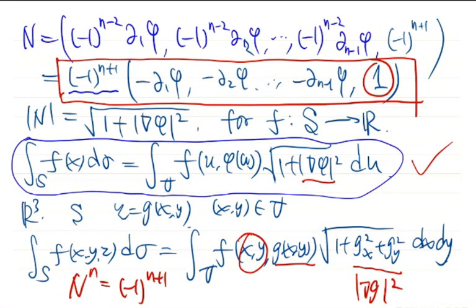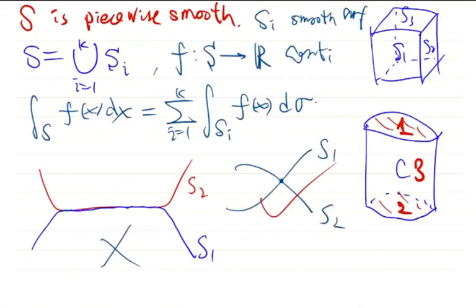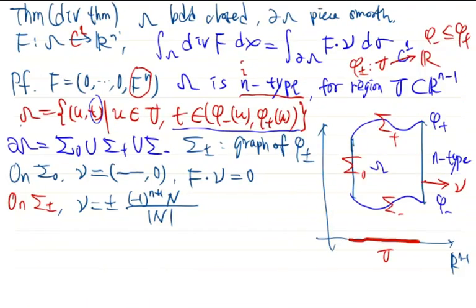So this means that the n-th component of this normal vector is minus 1 to the n plus 1. But we want to make it to be 1. Therefore, we multiply by minus 1 to the n plus 1 again. That is 1. That is why we write minus 1 to the n plus 1 here. This makes the last component of this vector to be 1. And then we divide it by the norm, making this a unit vector.